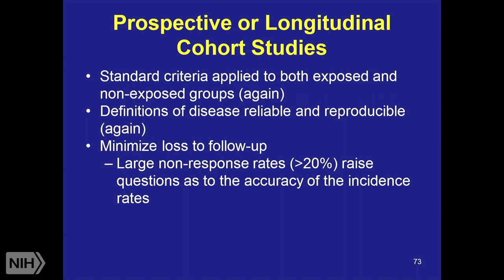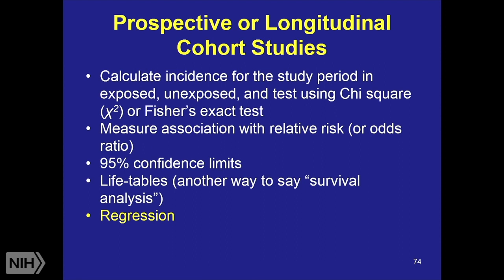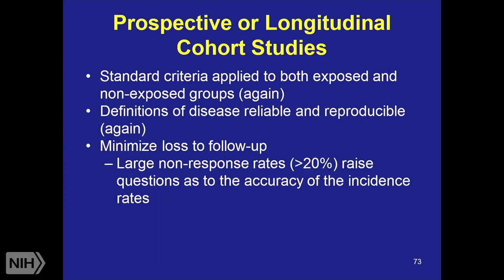You also have to minimize your loss to follow-up because if you have a non-response rate greater than 20%, it's going to raise questions about the accuracy of your incidence rates. So if they're looking for a certain number of folks that had Ebola and a certain number of their close encounters in that natural history study, and if they can't get those numbers, why?